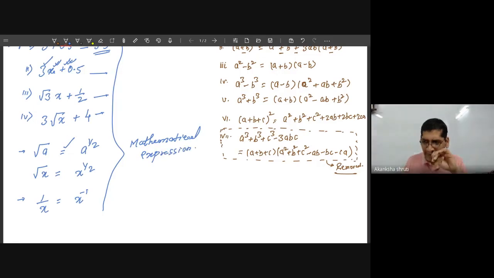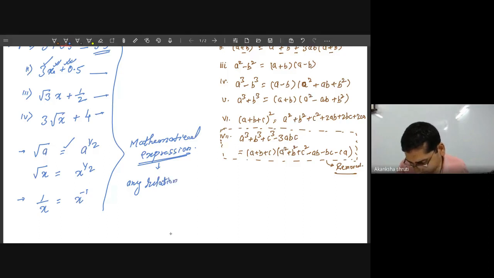Okay, students, it simply means this. So mathematical expression means any relation, relation meaning how they are related between numbers, operators, and variables. Operators means their mathematical symbols or signs, and variables.